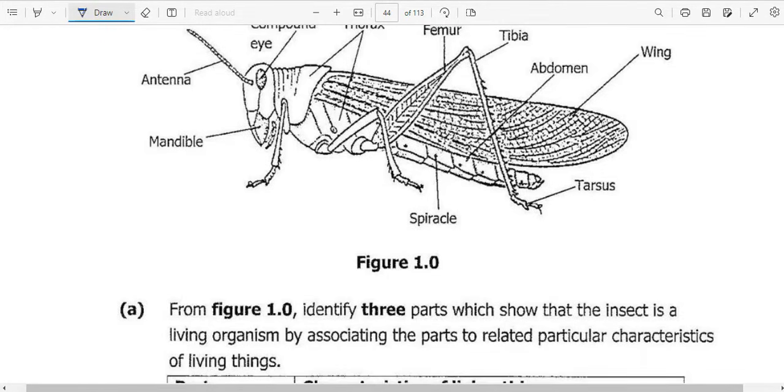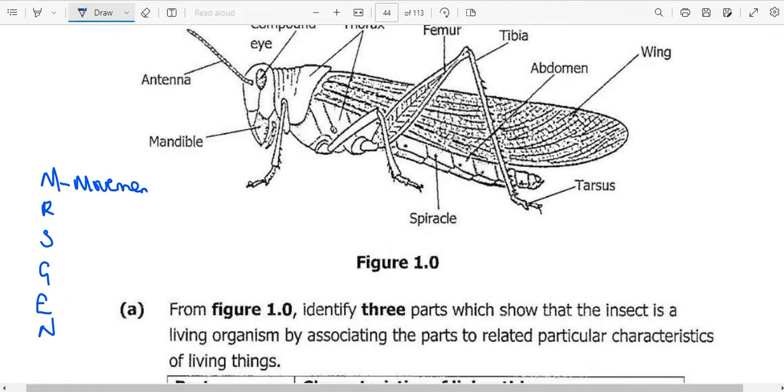How can you know that this is a living organism? Number one, we'll write M-R-S, and then G, E, and N. They make the characteristics of living organisms, where we say this is movement.